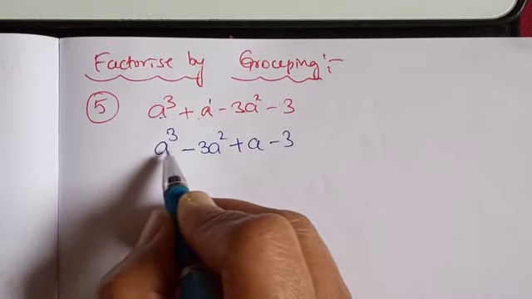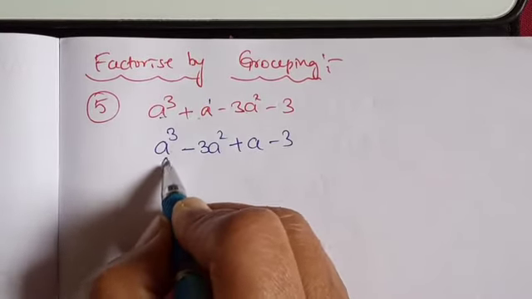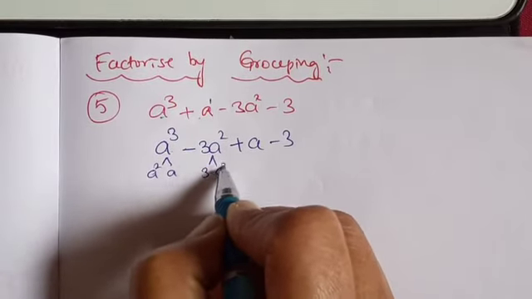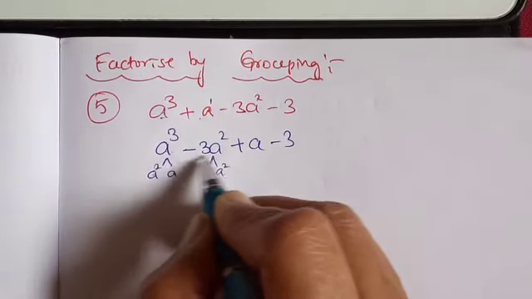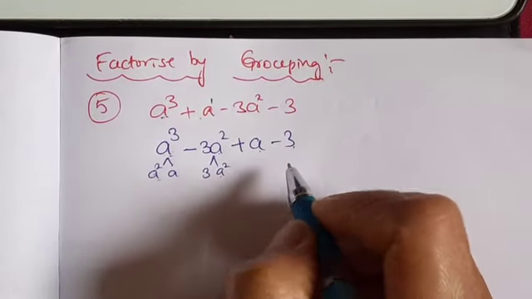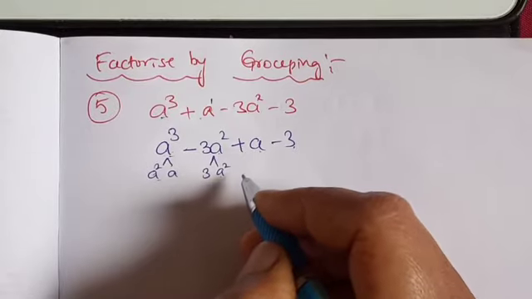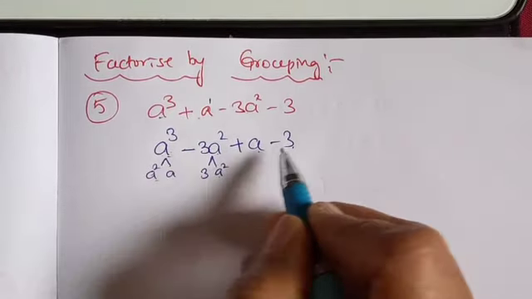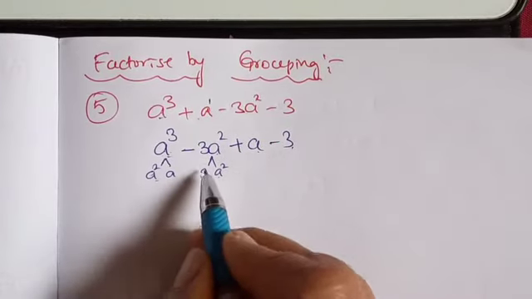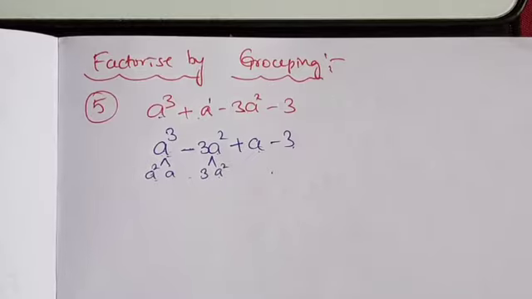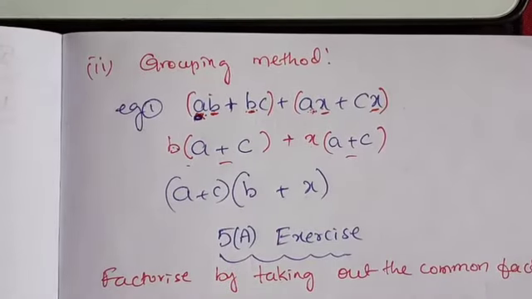Now from the first two terms I can take a square common, and from the next two terms only 1 common. One more thing you have to take care of, children. Whenever you are taking common from these two terms and from those two terms, the leftover term should be equal. Once again I will repeat the second method.